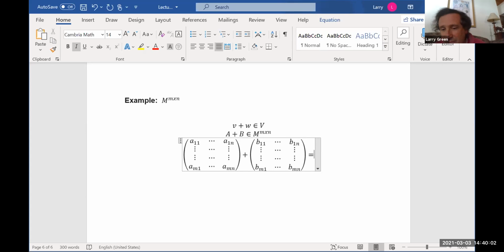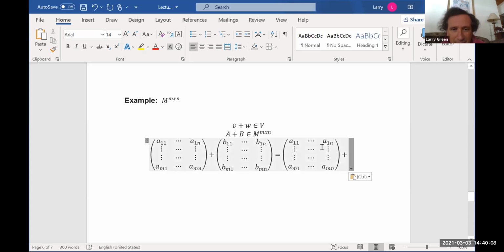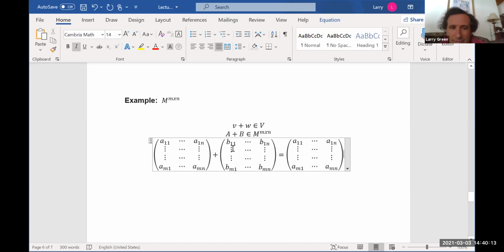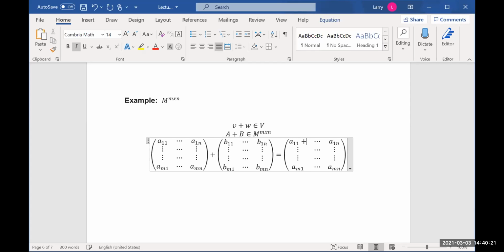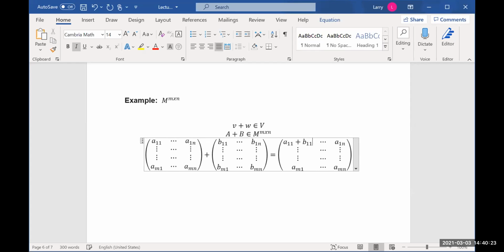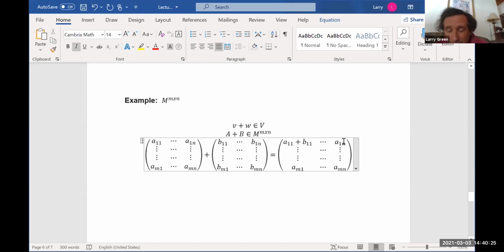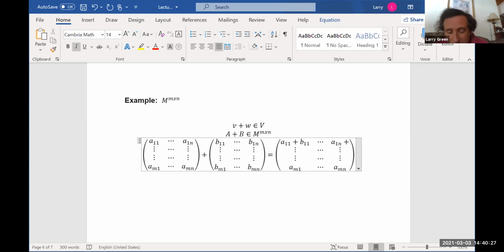Now, by definition, what is this matrix equal to? A11 plus B11, and so on and so forth. And then A1n plus B1n.